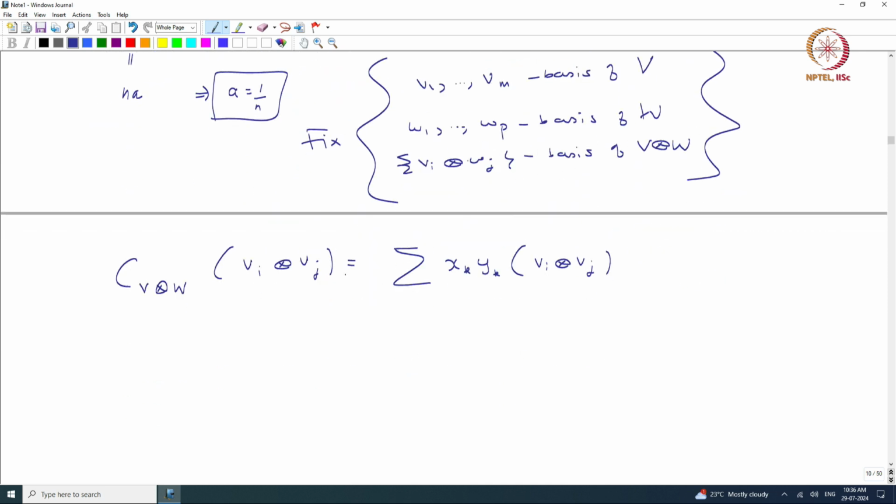Now if you do the calculation of how it acts on the basis element, C on V tensor W acting on Vi tensor Wj is given by this.